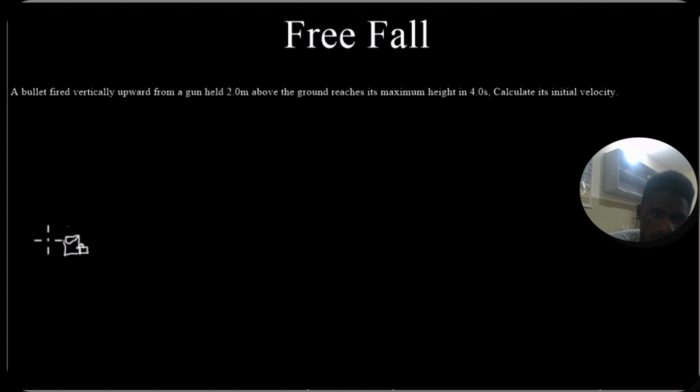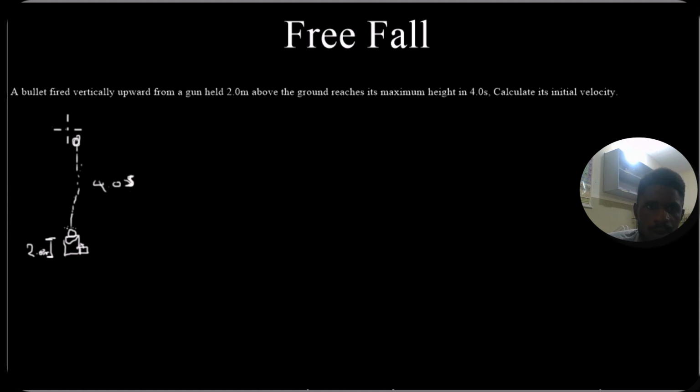The gun is held 2.0 meters high from the ground. And then my bullet goes vertically upward, reaches this point in 4.0 seconds.